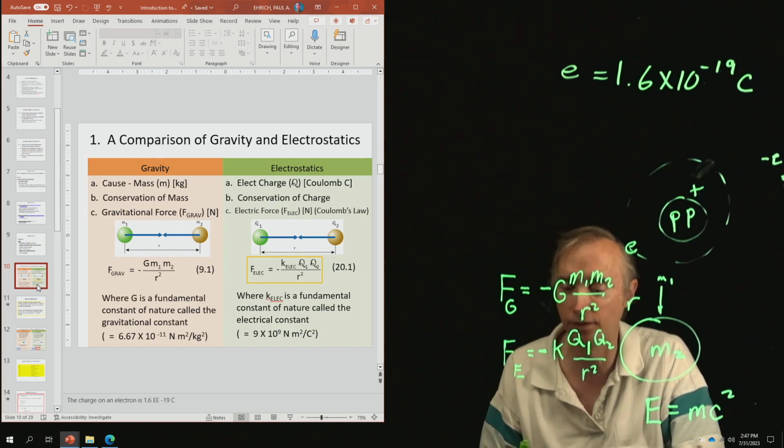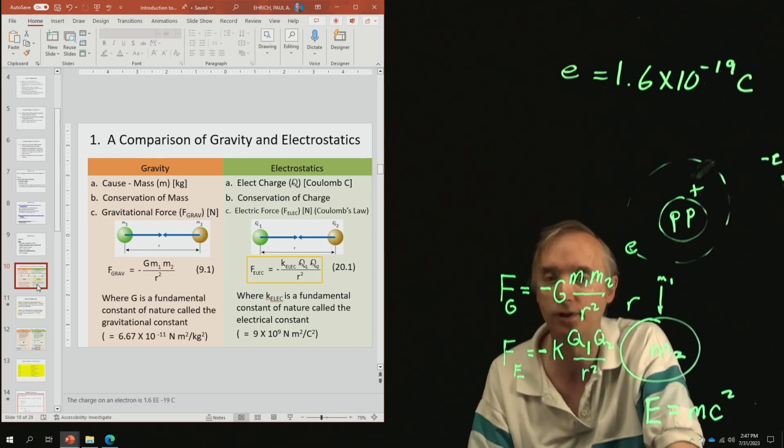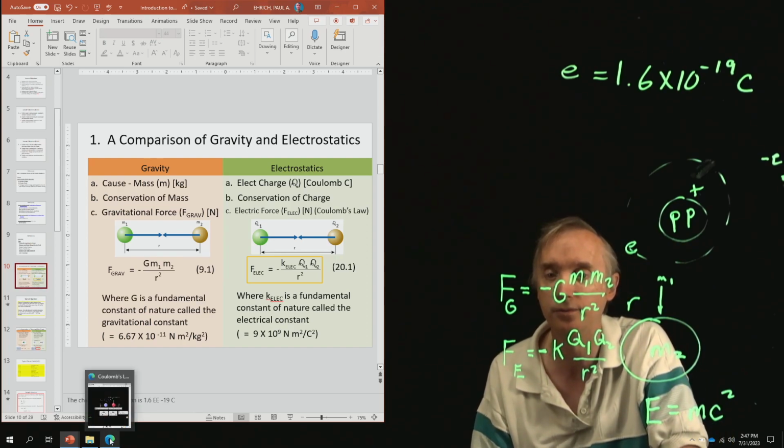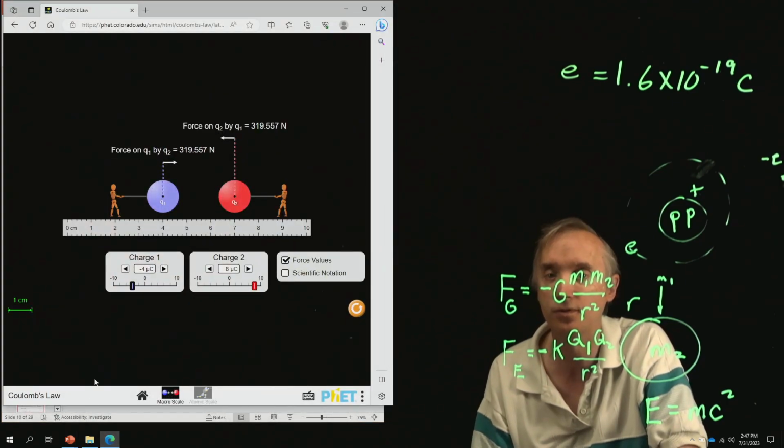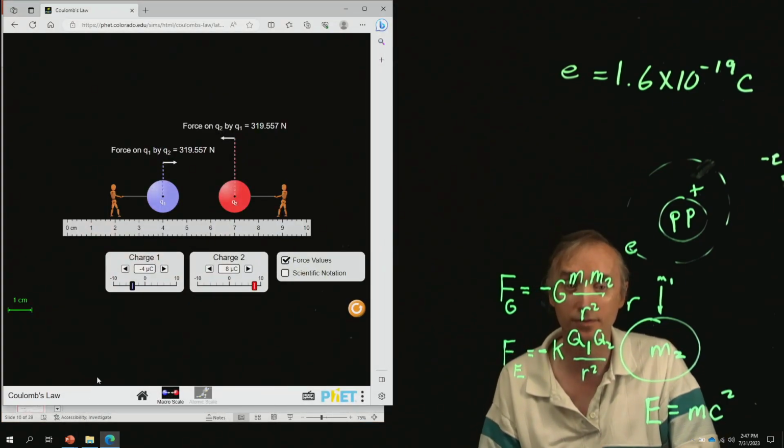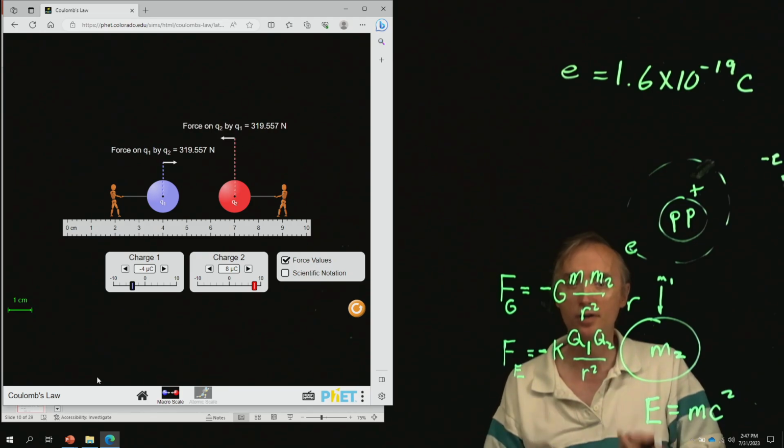So I've got a little simulation here that I would like for you to take a look at. And so this is PhET. So pause me if necessary, and you're going to go to the internet, just type in the word PhET, P-H-E-T, and then type in Coulomb's law, and it should take you right to this simulation.